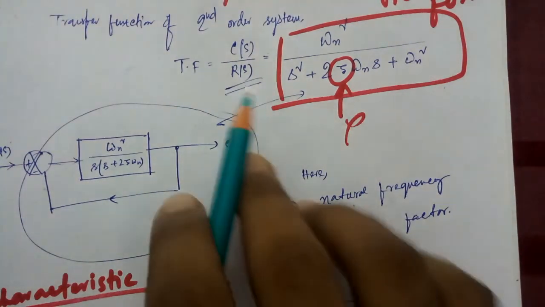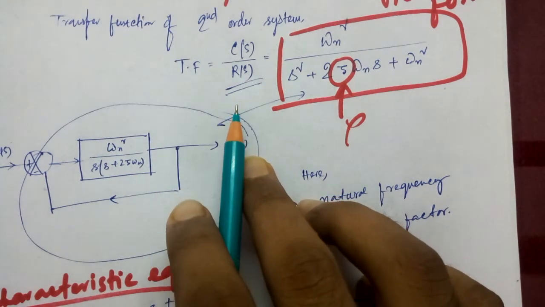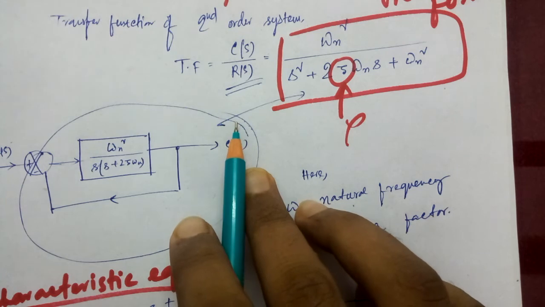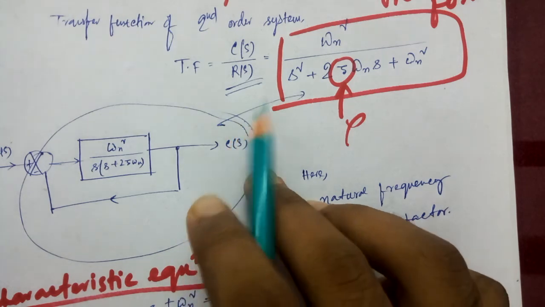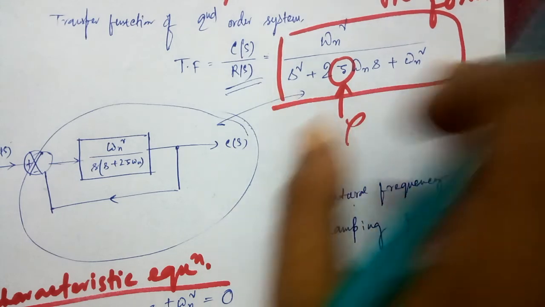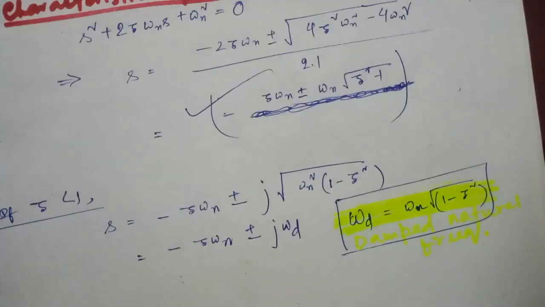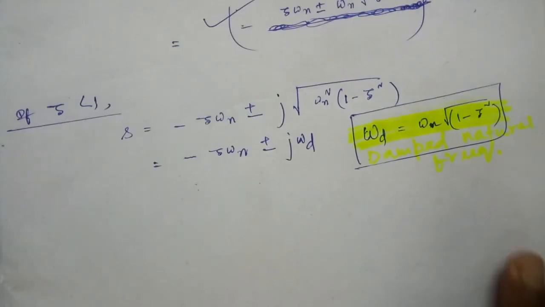What is the Laplace transformation of a step function? That is 1 by s. So for the step response, C(s) will be R(s) into this, meaning 1 by s will be multiplied with this transfer function. So let us find the step response of this second order system.